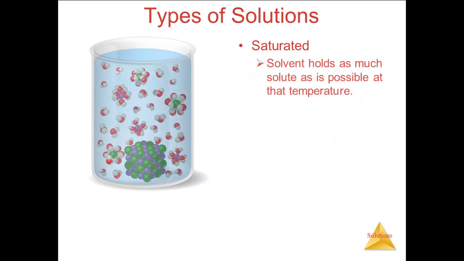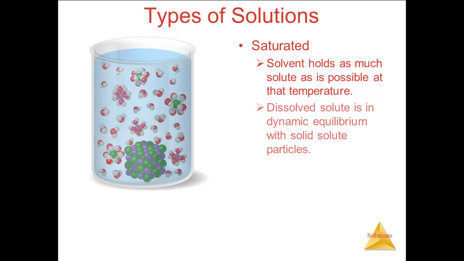A saturated solution holds as much solute as possible at that temperature. In a saturated solution, the dissolved solute is in equilibrium with the solid. If another crystal is added, it will not dissolve. In fact, nothing particular will happen to it.